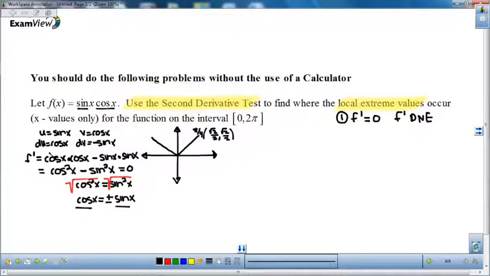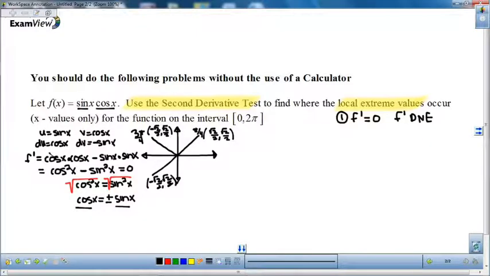But because it's plus or minus, it doesn't matter if they're opposite signs as long as they're the same. So it's also going to occur at the other coordinate. If you're still not sure how to do the unit circle, remember that this is 1 out of 4, this is 2 out of 4, so this is going to be 3 out of 4. This is going to be 3 pi over 4. The other one, they're both going to be negative, so they're both the same.